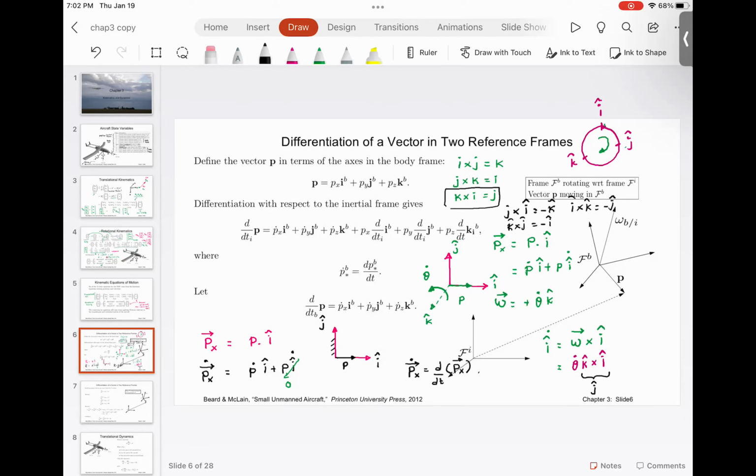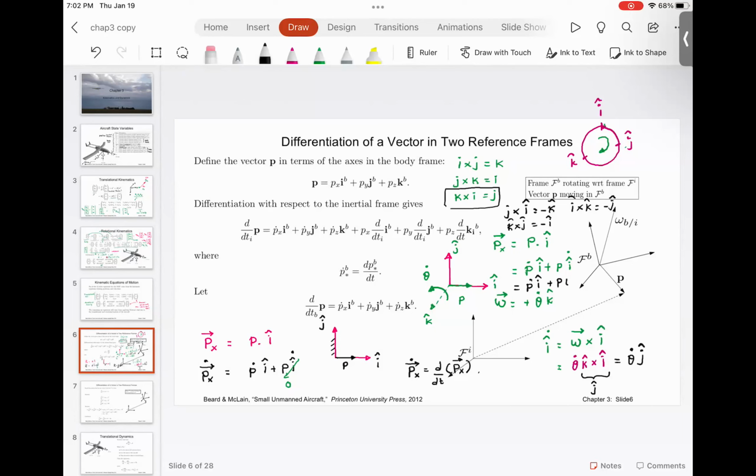What it means, and I want you to understand this, it is extremely important, is I'm going to write this equation down as P dot I plus P, and I would substitute here theta dot J. Are you with me?